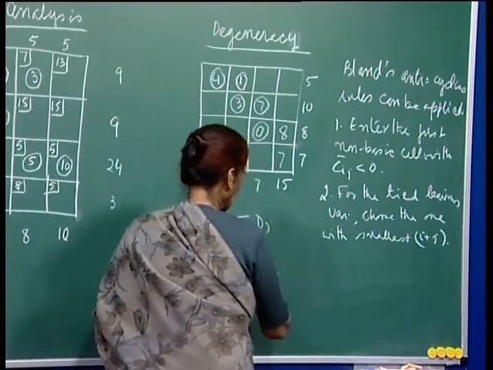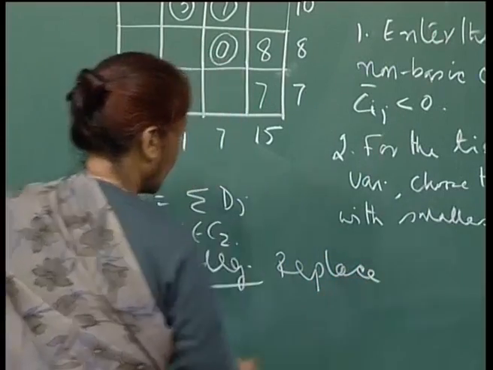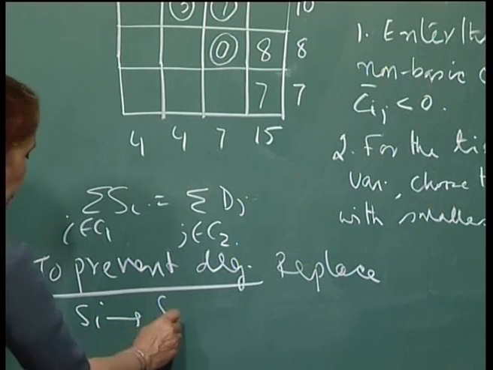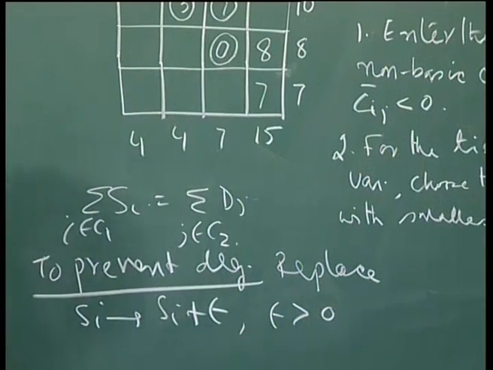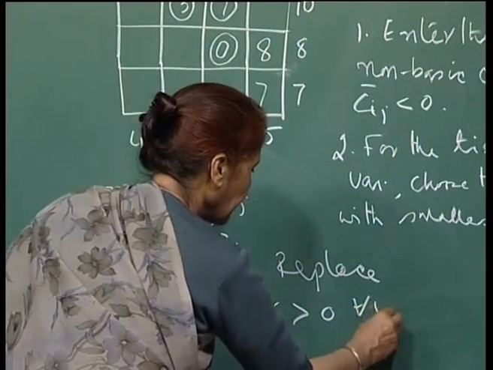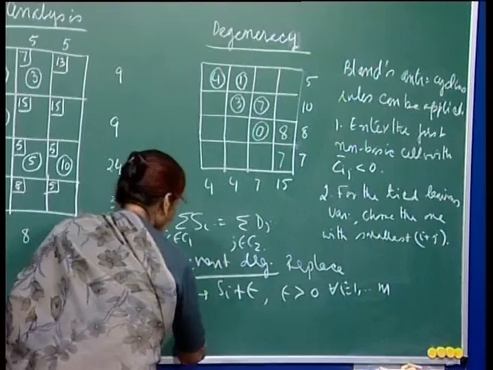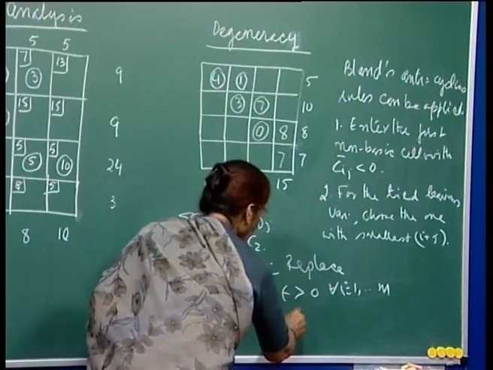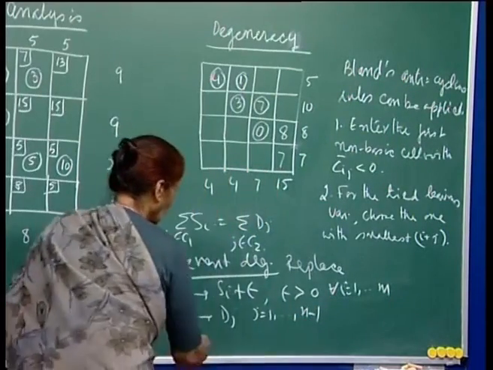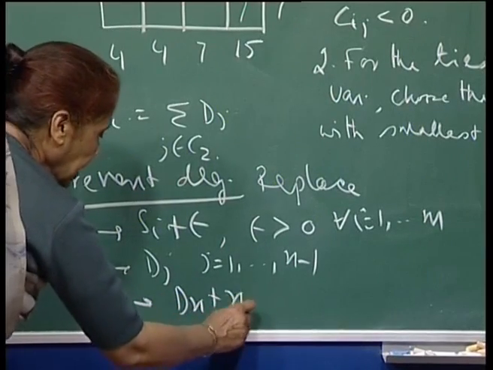To prevent degeneracy, replace Si by Si plus epsilon, where epsilon is greater than 0, some proper choice you have to make, for all I varying from 1 to m. Then dj stays dj for j varying from 1 to n minus 1, and dn goes to dn plus m epsilon.